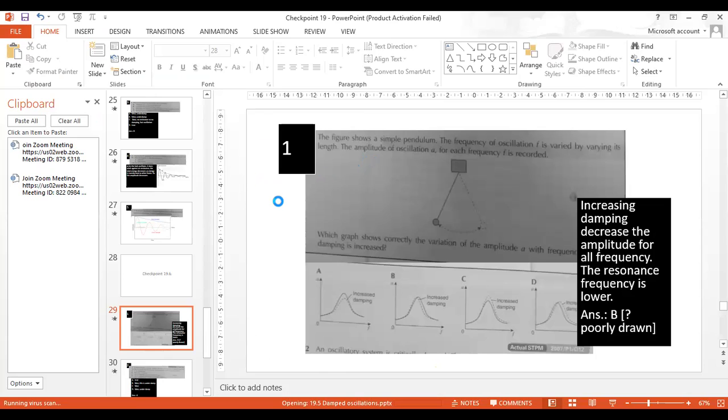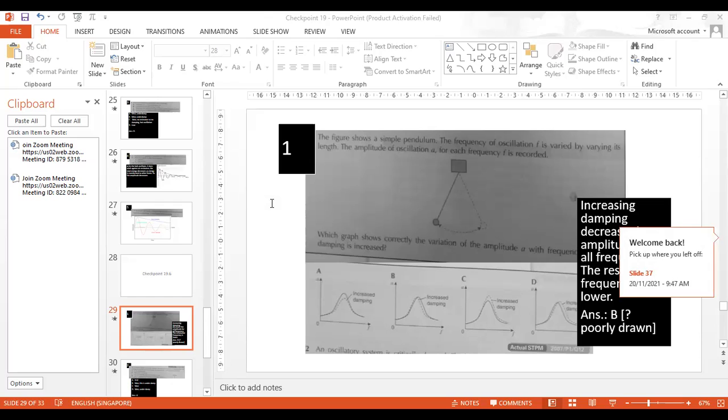I can try the others while I get the slide for you. Okay, that's how it should look.